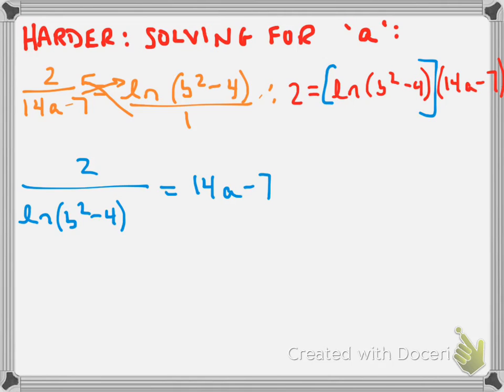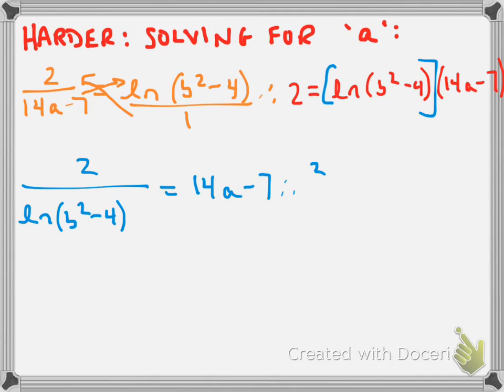All right. We know that between multiplication and addition subtraction, we have to get rid of the subtraction first. So because this is a minus, we have to do the opposite, which is add.